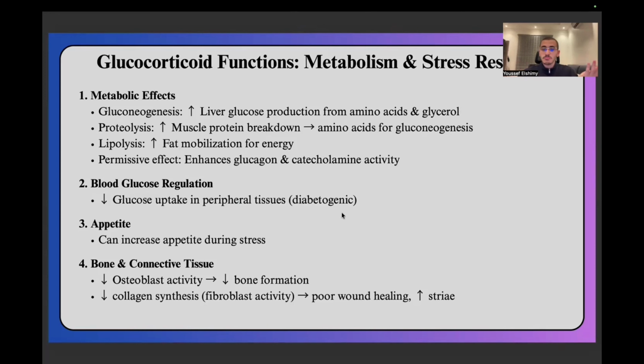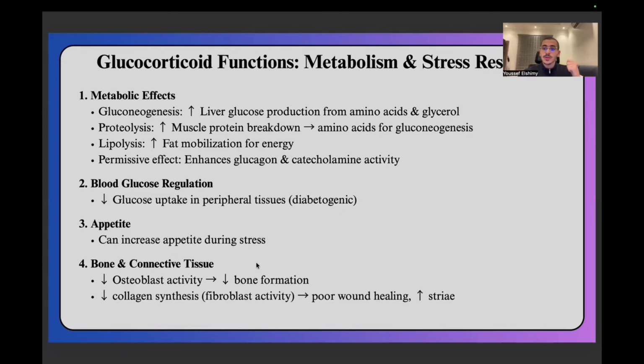It's a diabetogenic hormone, because if it decreases the peripheral utilization of glucose, blood glucose levels would rise, continue rising, and stay elevated. So this would lead to diabetes later on. Also, it increases appetite. Why? Because in stress, you need energy, you need glucose, so it raises your appetite and makes you feel hungry.